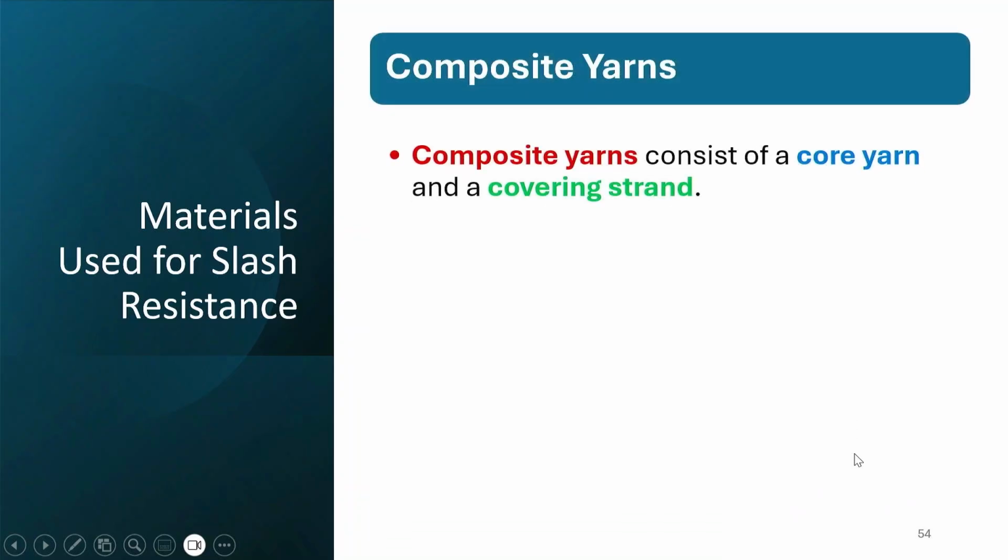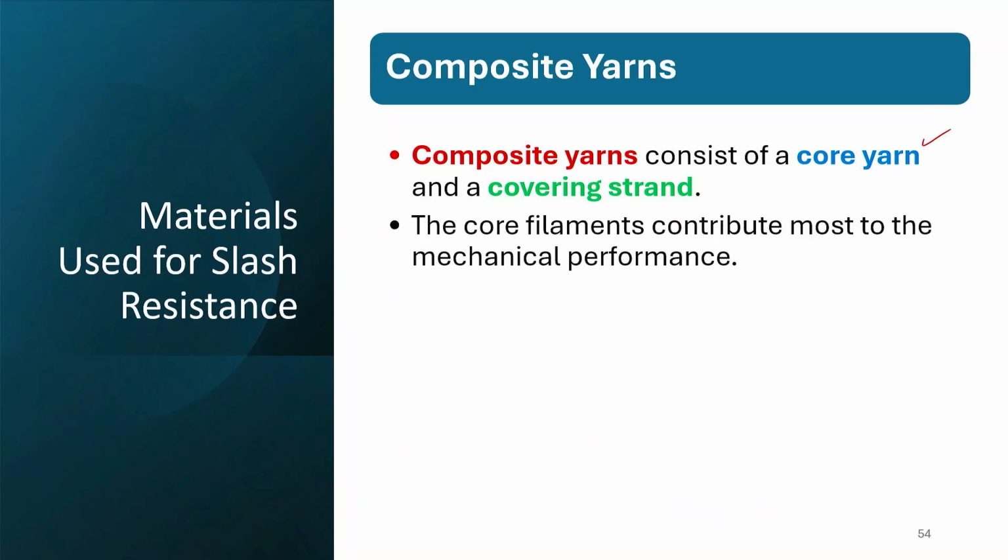The composite yarns, as I have mentioned, have a core yarn and a covering strand, and that type of composite yarns are used. The core filaments contribute to the mechanical performance.